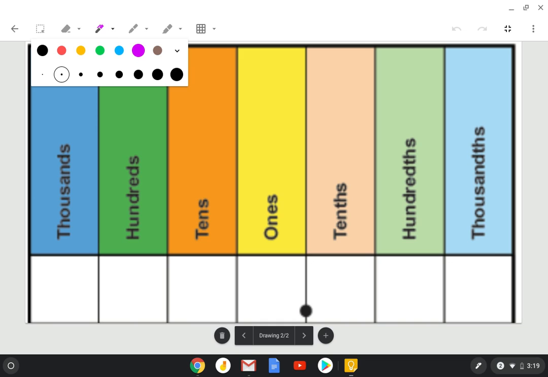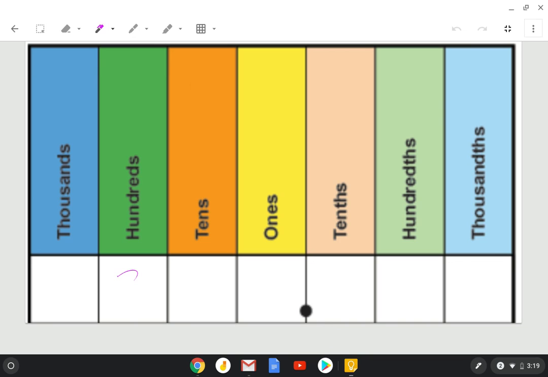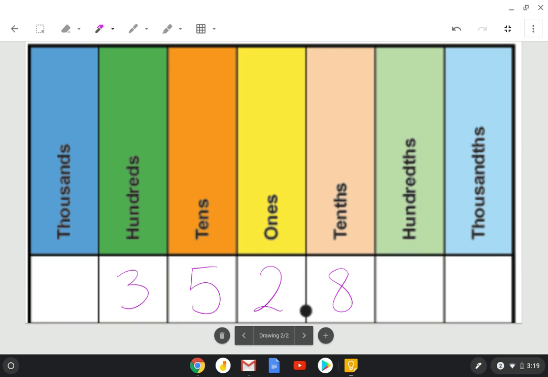Place value in math deals with the idea that when we write a number, like 352.87, those digits, the individual numbers 3, 5, 2, 8, and 7, each have their own place value depending on where they are in relationship to the decimal point.